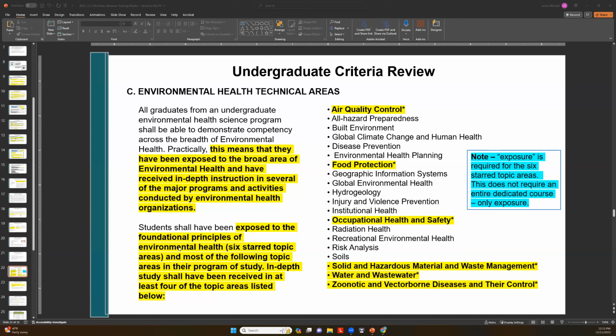They have to have in-depth study in at least 4 of those between air quality and zoonotic, and should be hearing something on at least half of what's in there. That way, it gives programs the latitude to focus on what's most important for their students.